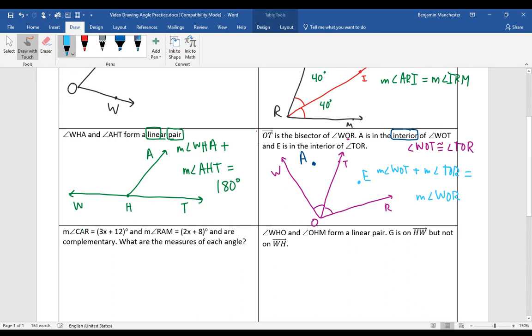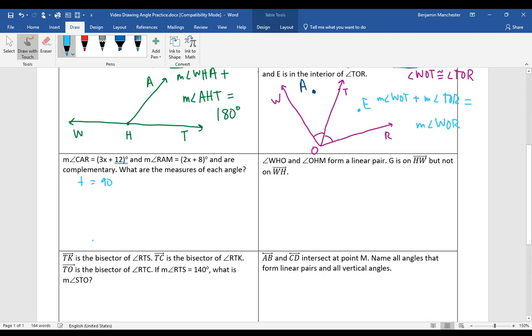Angle CAR is 3x plus 12, and RAM is 2x plus 8, and they are complementary. So complementary means adding up to 90 degrees. Okay, so if we were to draw this, we're going to make sure to have a 90-degree angle, because that's what it means to be complementary. Okay, so here we draw something in the middle.